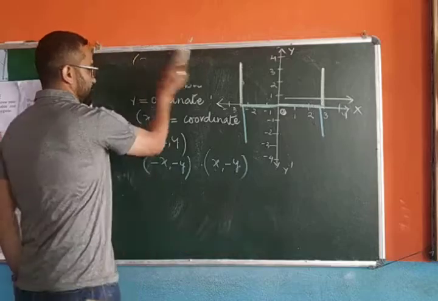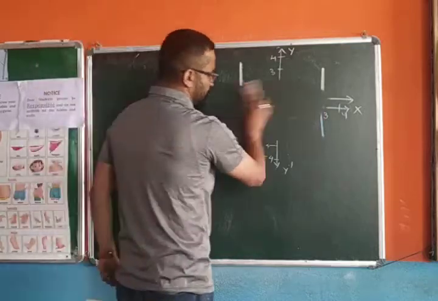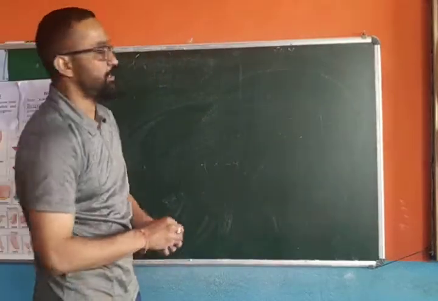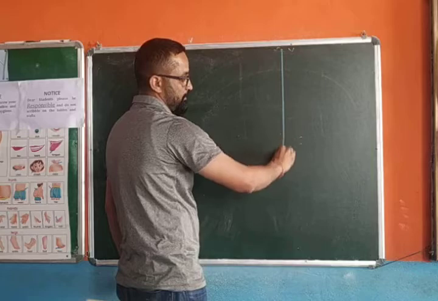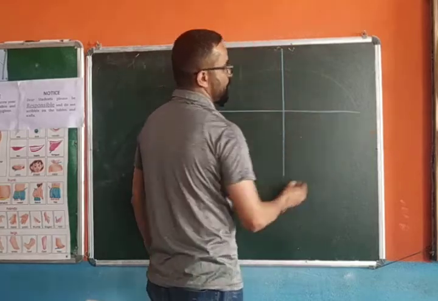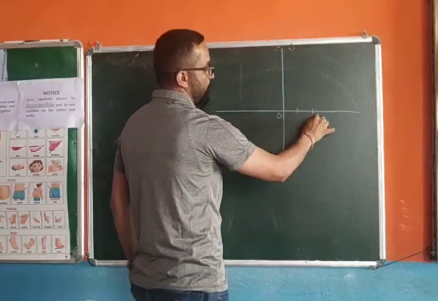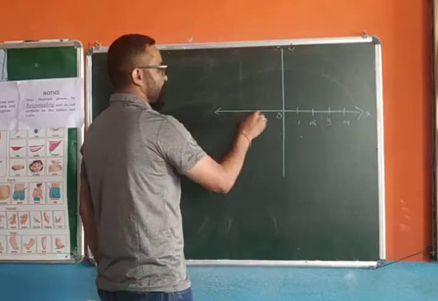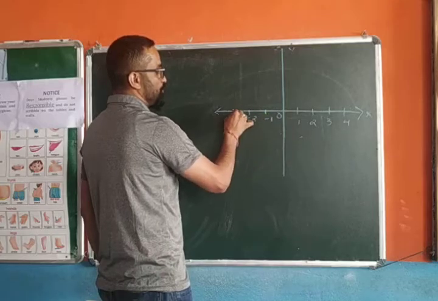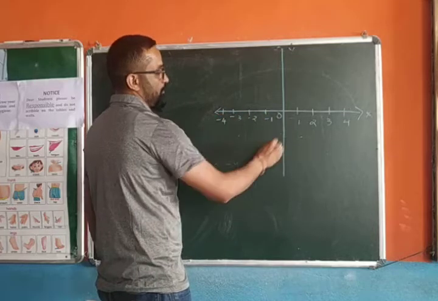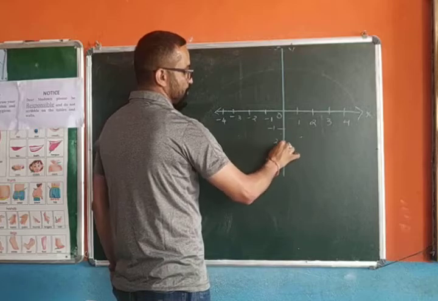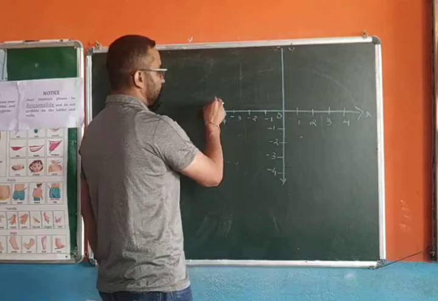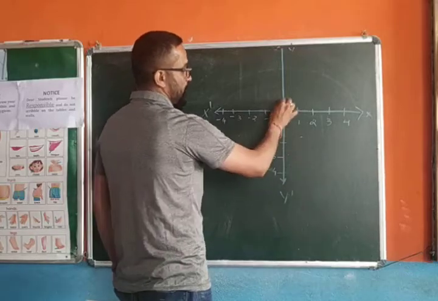Now look at this. Suppose you have a Cartesian system, number lines intersecting each other at the origin 0 mark: 1, 2, 3, 4 on the x-axis, minus 1, minus 2, minus 3, minus 4, and similarly on the y-axis, X dash, Y dash.